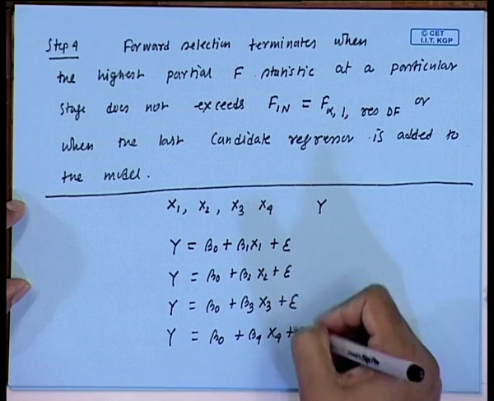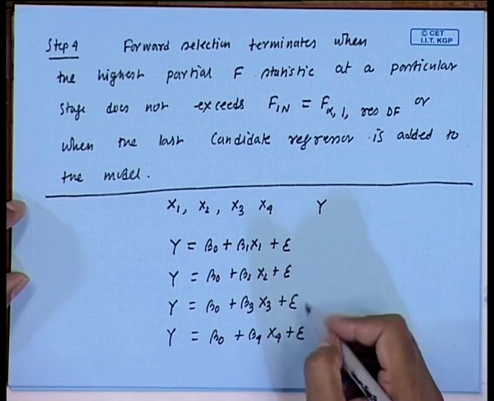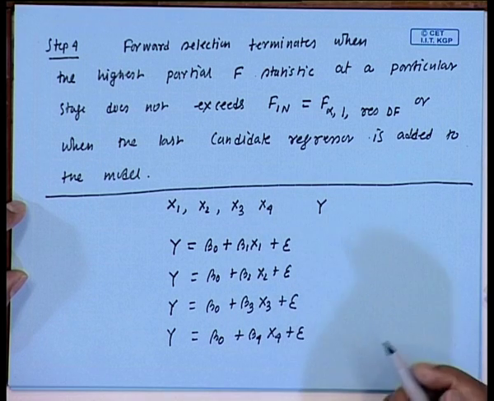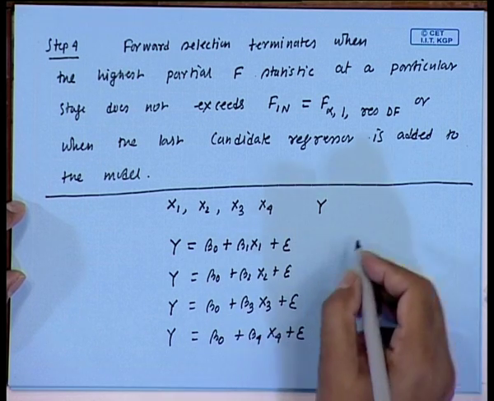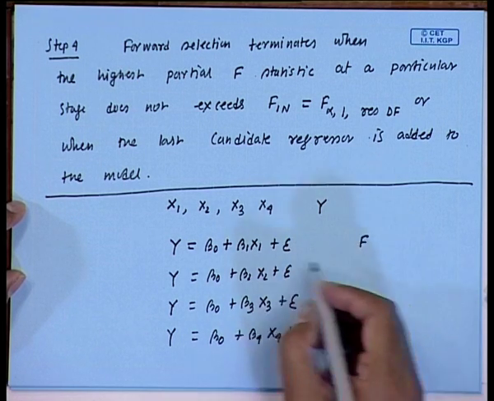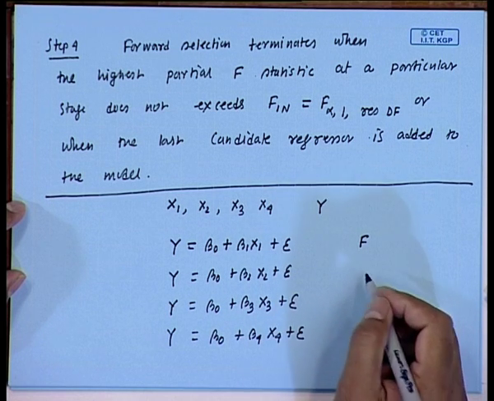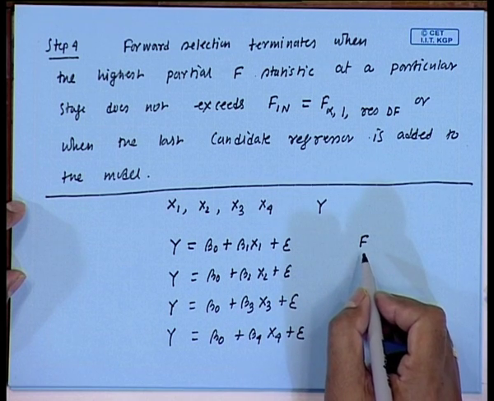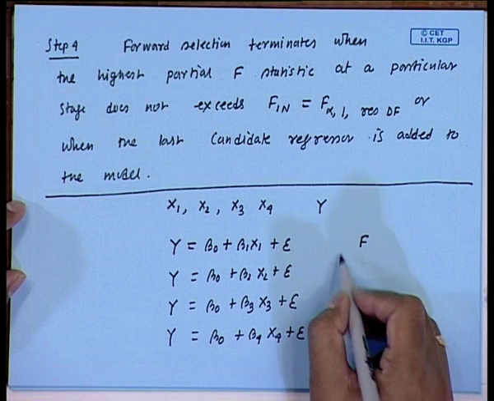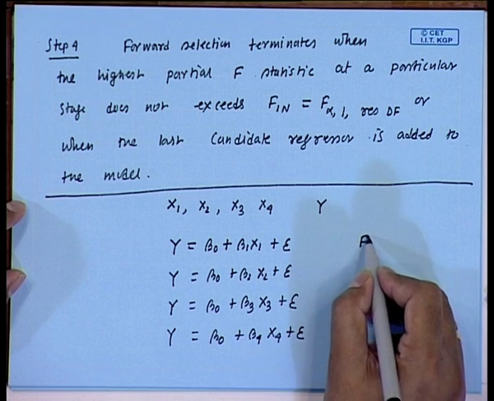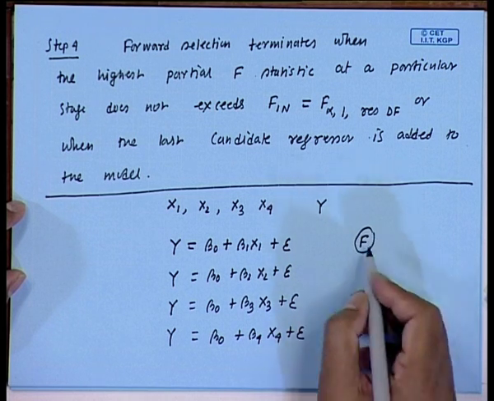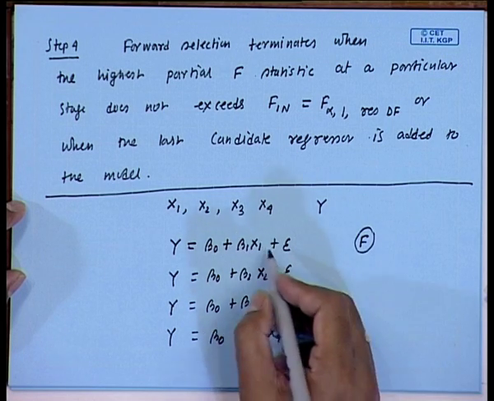These are the regression models involving one regressor variable. I will compute the F statistic for each of these models, and the regressor having the highest F is selected.